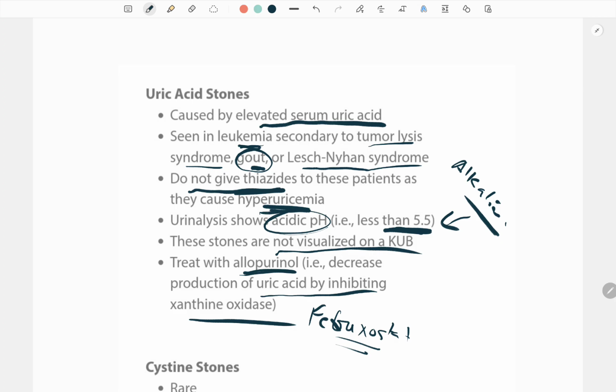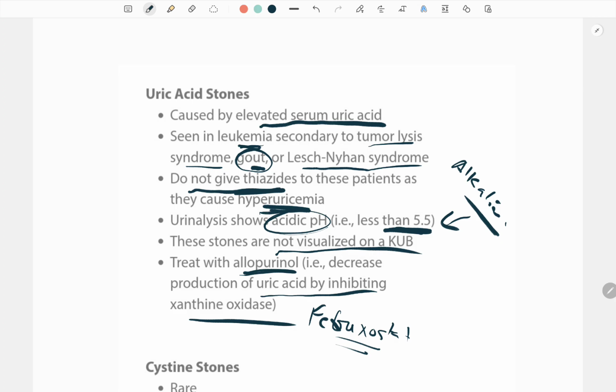The drugs are probenecid and sulfinpyrazone, which increase excretion of uric acid via the urine, and that's why there will be an increased chance of uric acid stones if we treat gout with those two uricosuric drugs.